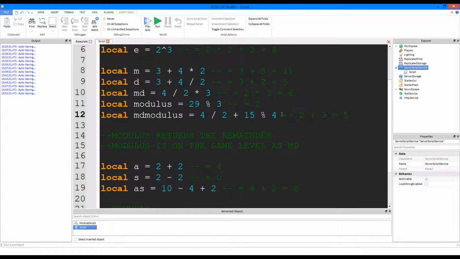The modulus returns the remainder, and it's on the same level as multiplication and division. So multiplication, division, and modulus all go together in one big group of PEMDAS. And remember, the modulus, the division, and the multiplication go from left to right when you put them in order of each other for importance. That is the modulus operator.